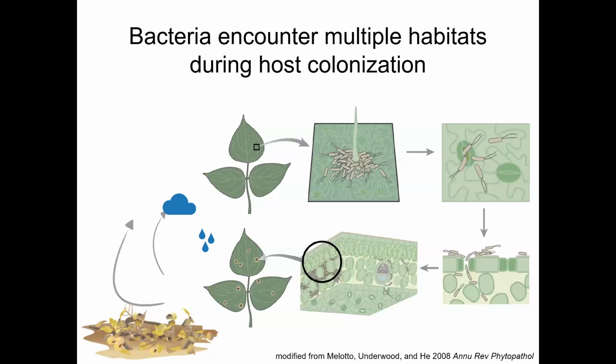And one of our broad overarching questions is, what genes are needed when? We know that growth on the leaf surface can expose cells to light, moisture, and temperature fluctuations, as well as nutrient limitation, among other things. And the apoplast presents additional challenges due to the specific and often induced plant defense response.